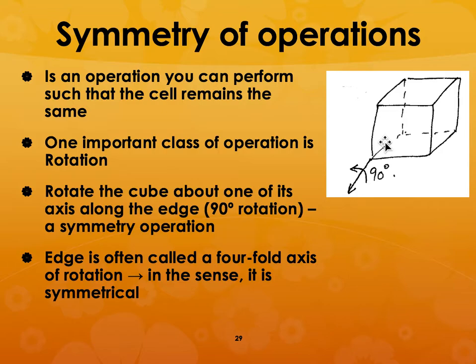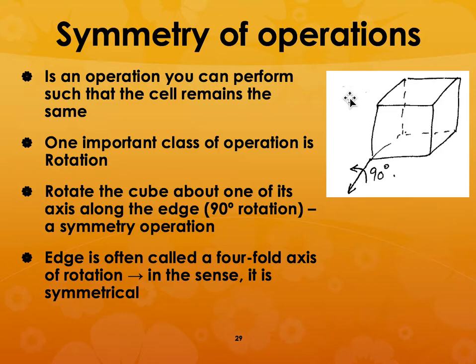So one important class of operation is rotation, and if you rotate it about its axis by 90 degrees, it should give you the same cube, but just that the atoms are going to be in rotated locations, that's all. So if you rotate that, then this will go like this. This lattice will remain the same essentially.